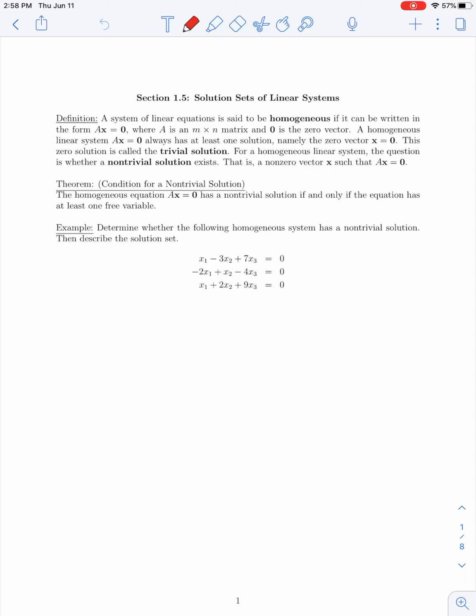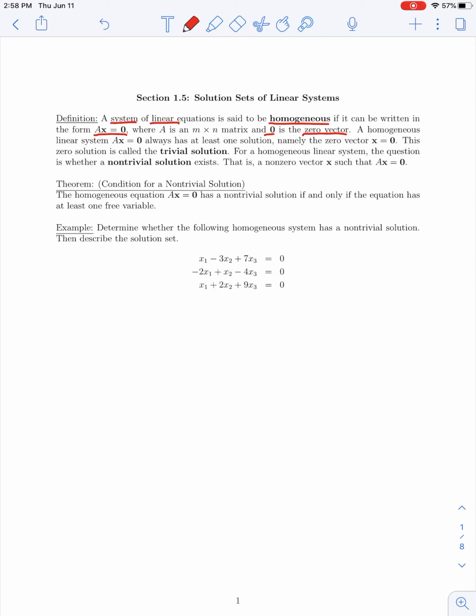So let's start by defining what we mean by a homogeneous linear system. We would say that a system of linear equations is said to be homogeneous if it can be written in the form of a matrix equation AX equals 0, where A is some m by n coefficient matrix and 0 is the zero vector, that is, the vector of all zeros.